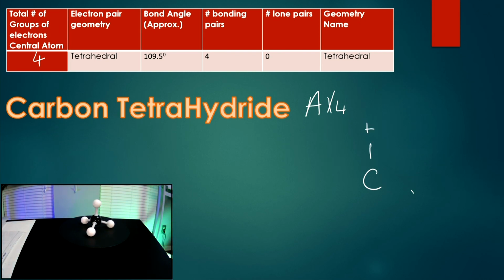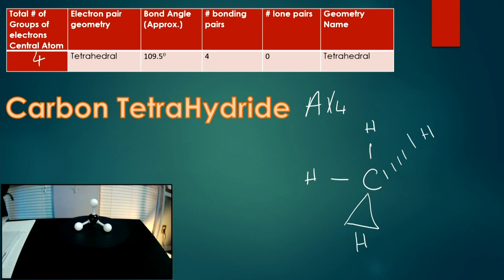We have a hydrogen here. We'll have another one here. And here we have our first time using a wedge and our dashed lines, representative of the hydrogen that's moving away from you. Okay? So that's how we represent a 3D molecule for tetrahedral.